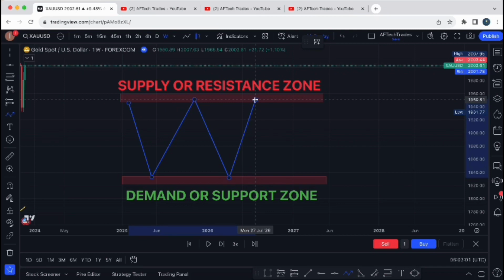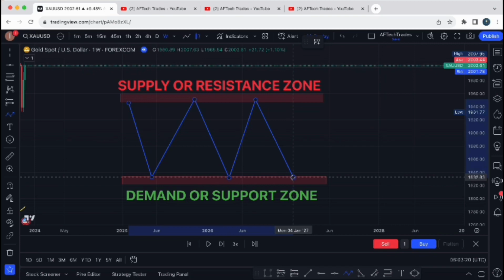As retail traders, you'll be entering a sell market once the market is on your supply zone. You enter a sell that will take you down to your demand zone, then you exit also.